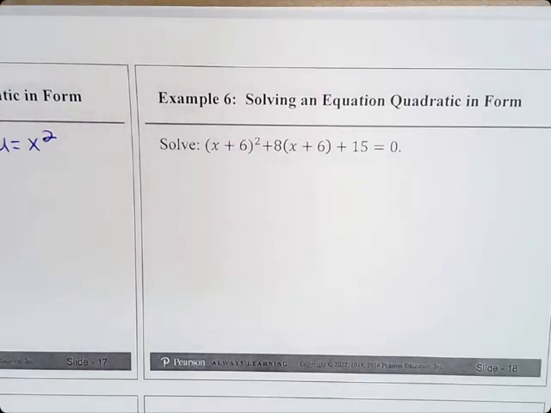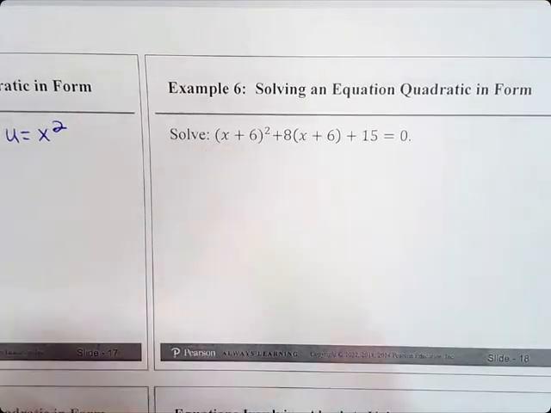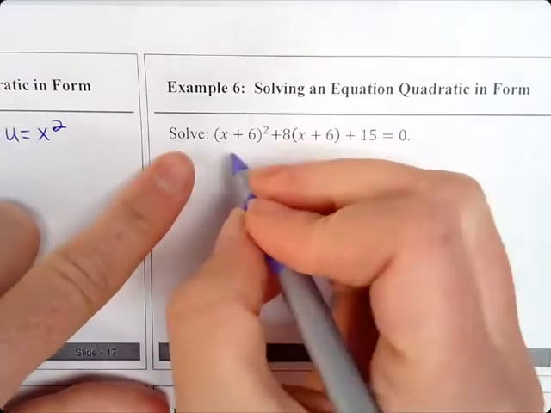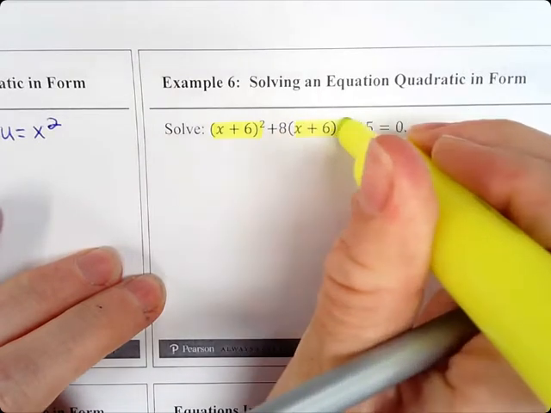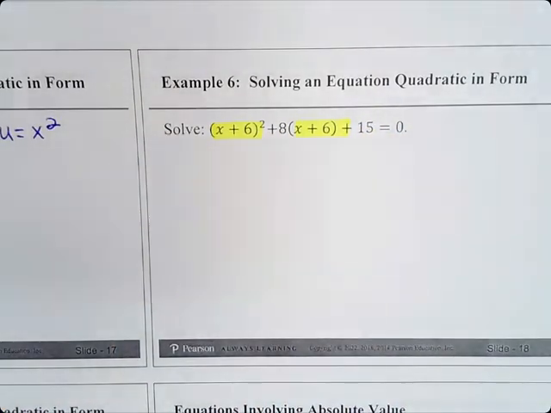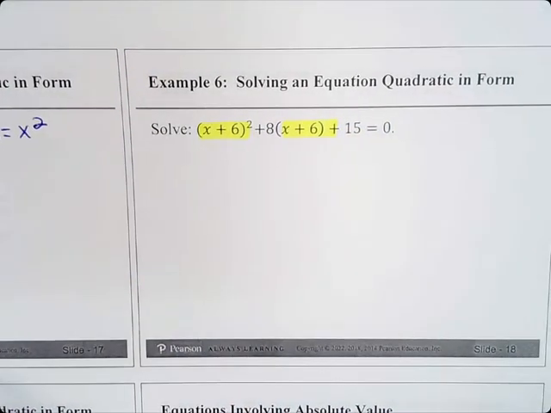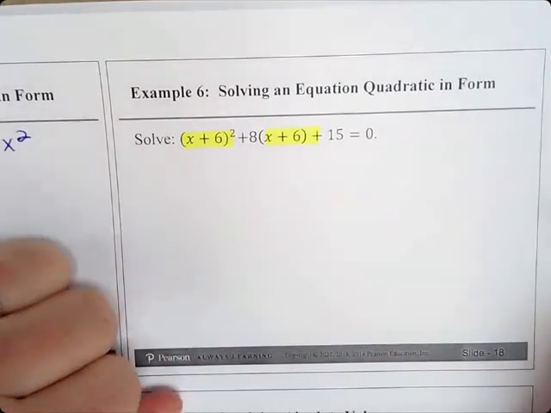Okay, this is different. So see, why is it different? You would have to distribute. You would have to do x plus 6 squared. But the thing is, see how these are the exact same? We can actually make it easier.